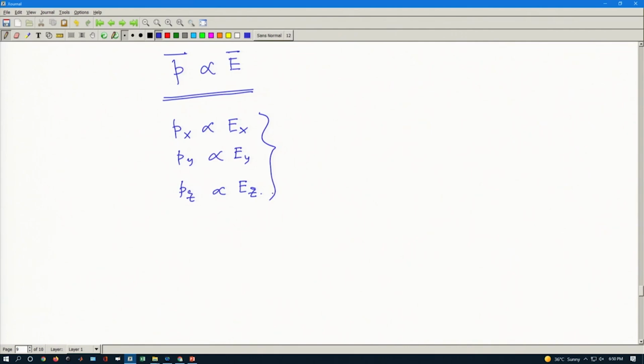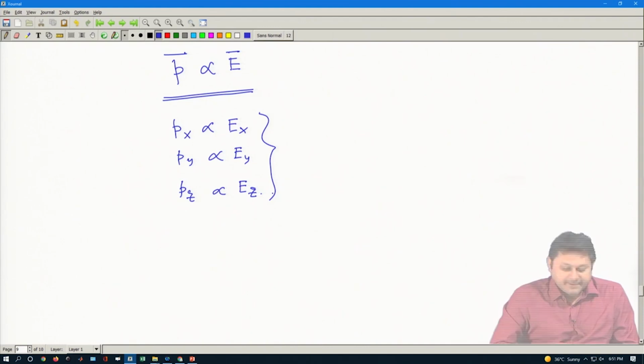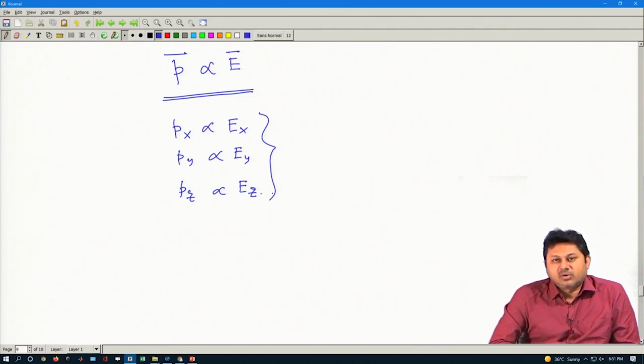Only then can I have a relation like this, and not only that, this proportionality constant is the same for E x, E y, and E z. But normally this is not the case. We can have a system where P x does not only depend on E x, but can also depend on E y and E z, and that gives rise to the susceptibility tensor or polarization tensor.